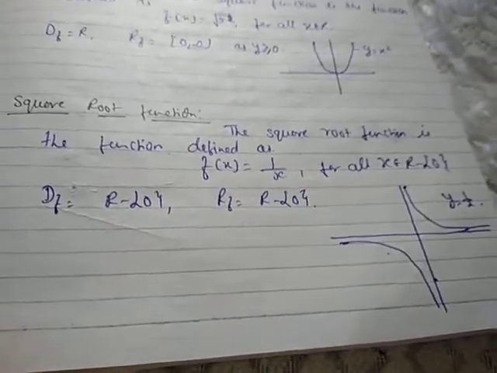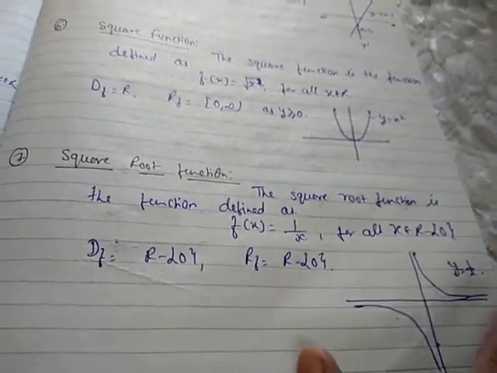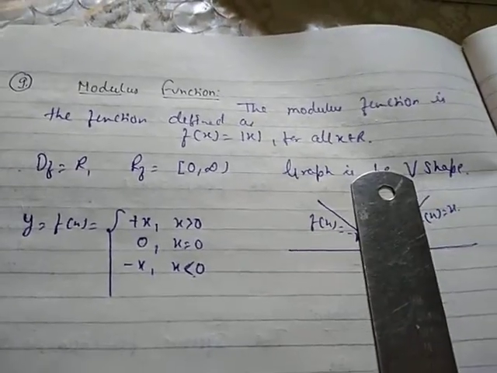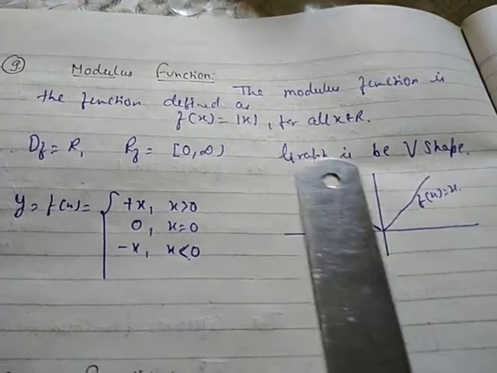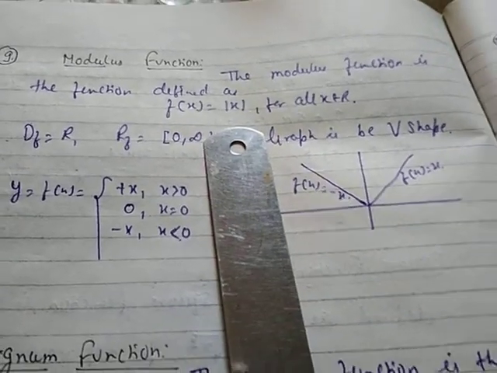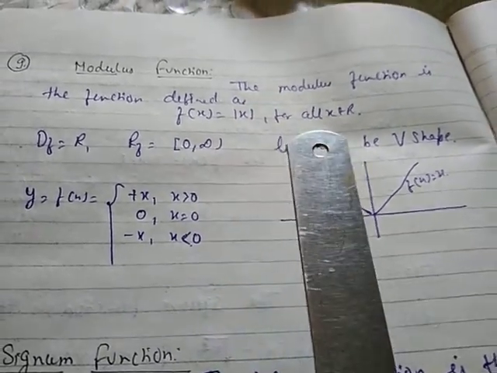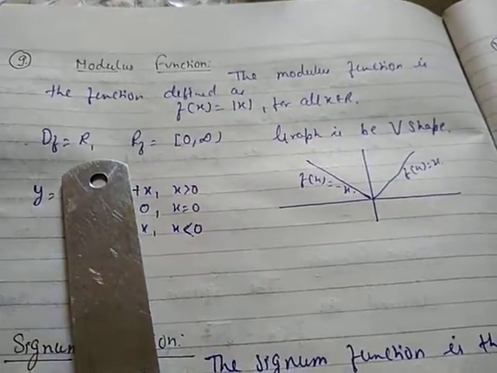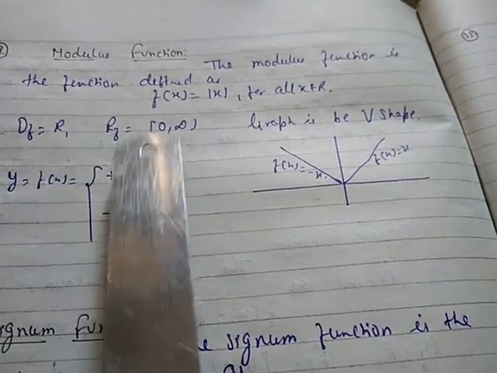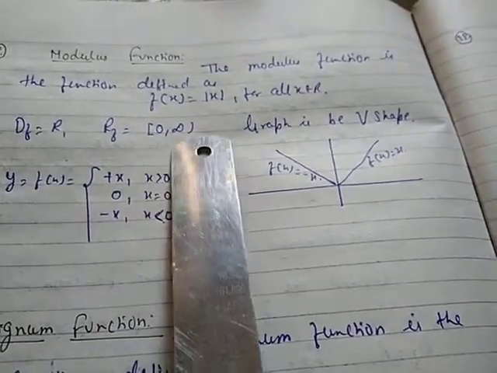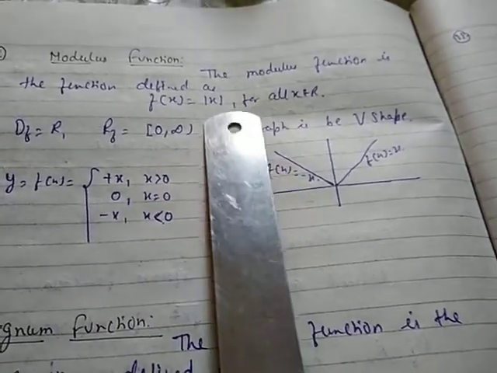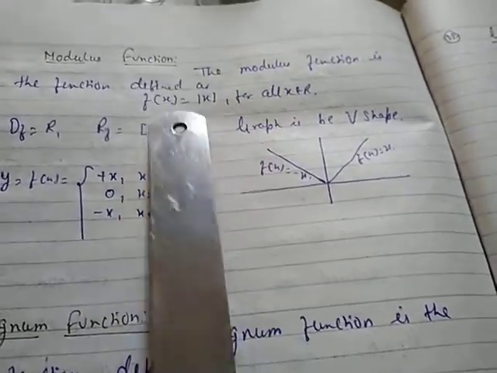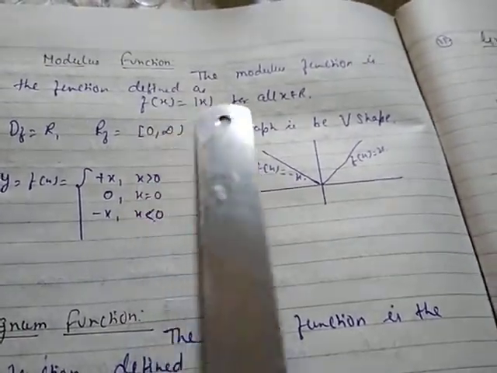Then after that, the modulus function. The modulus function is the function defined as f(x) = |x| for all x belongs to R. Domain of the function is real numbers, but the range is 0 to infinity, because it will always give you a positive value.